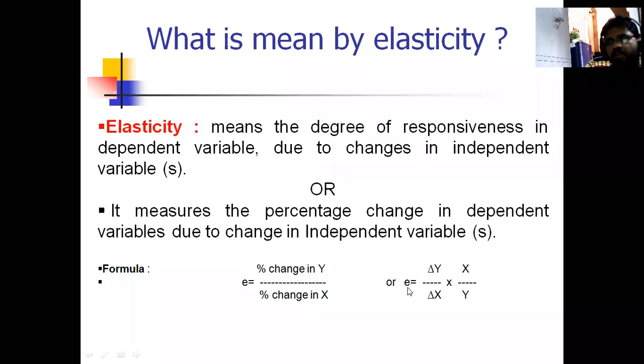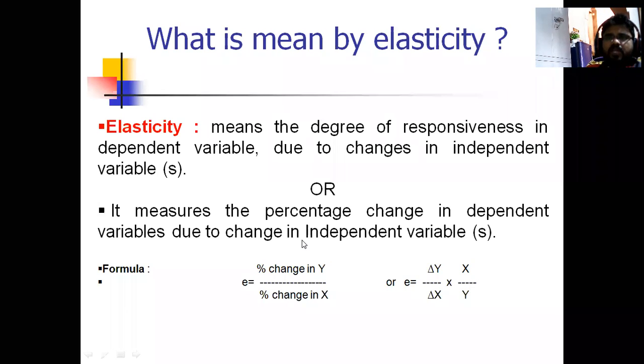Or the formula: elasticity is equal to change in y divided by change in x into x by y. It is not x1, it is x. So delta y by delta x into x by y. This is a basic formula in our theoretical background of elasticities. Okay, is it clear now?